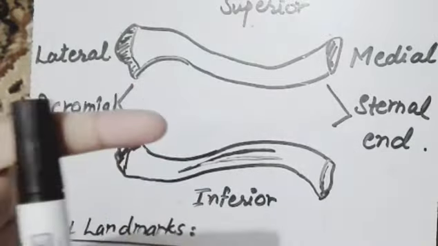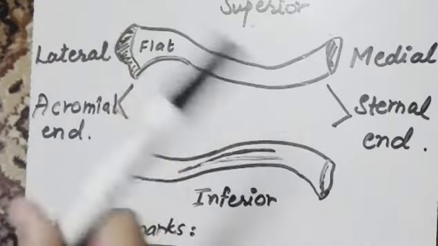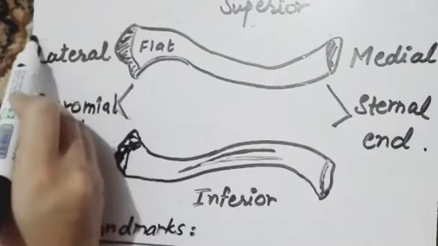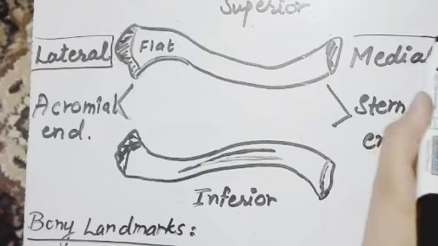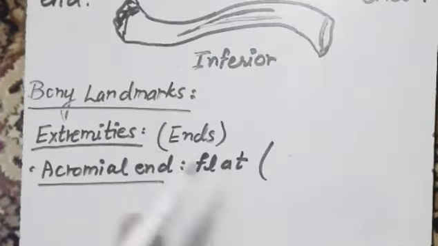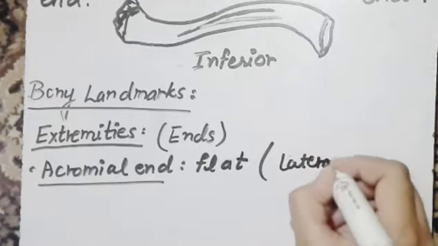It is distinguished by its flat characteristics. It's actually referred to as the lateral third of the clavicle. Lateral, and this is medial. The lateral 1/3 of the clavicle is the acromial, flat end.